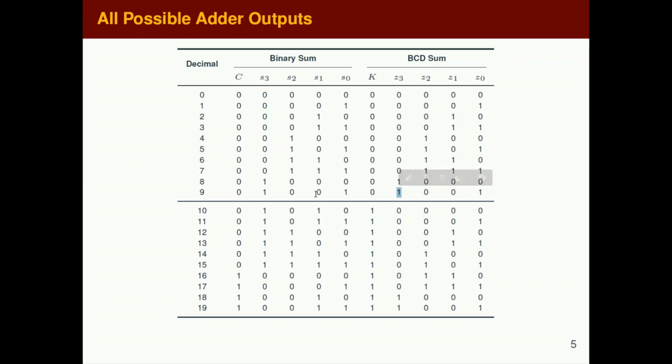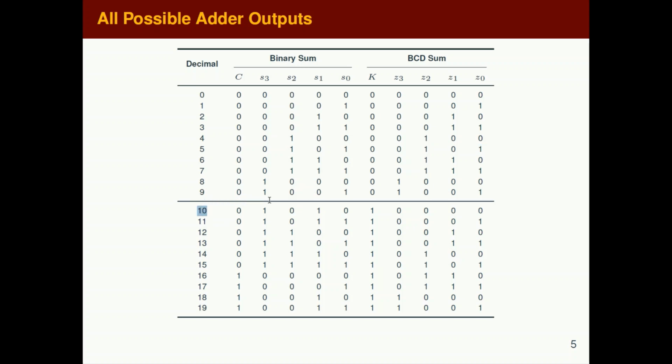So they are equal when you compare binary sum to the BCD sum. From 0 to 9, for example 5, in the binary sum column you get 5, and in the BCD sum column also 5. Okay, now look at the decimal numbers which are more than 9, which is 10.